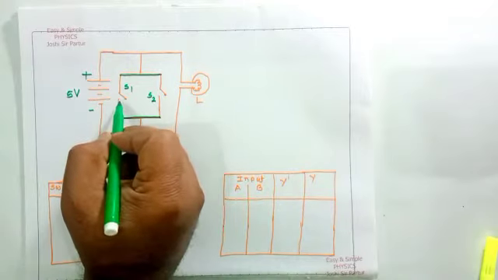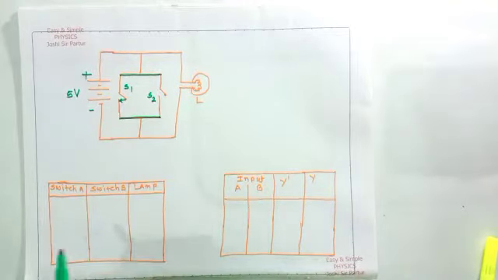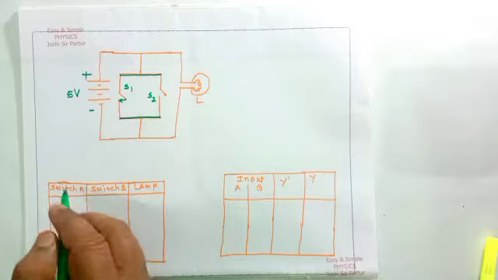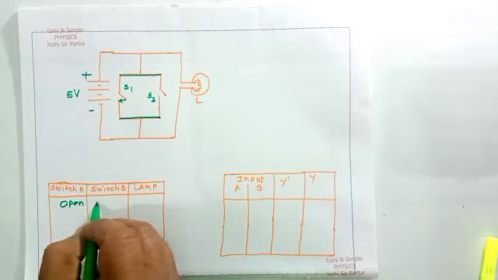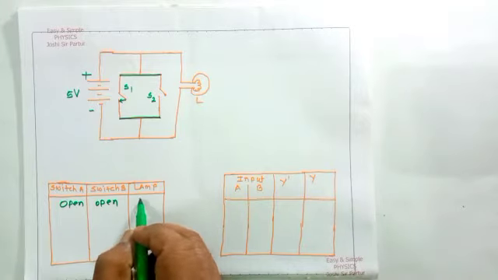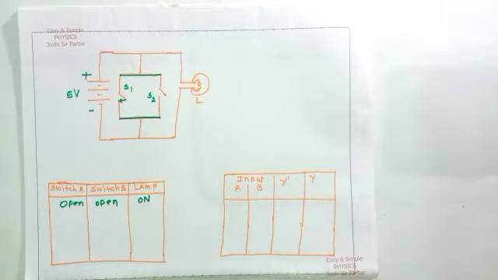When both switches are open, what happens? The lamp will glow, so it shows on, meaning the lamp is on when both switches are open.